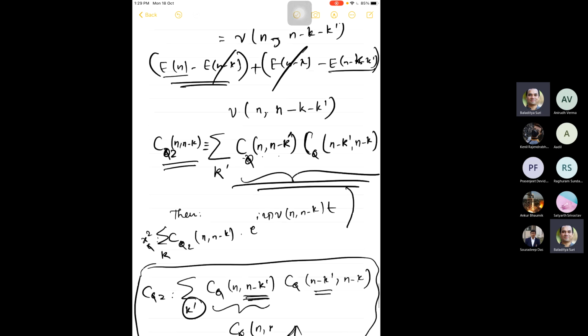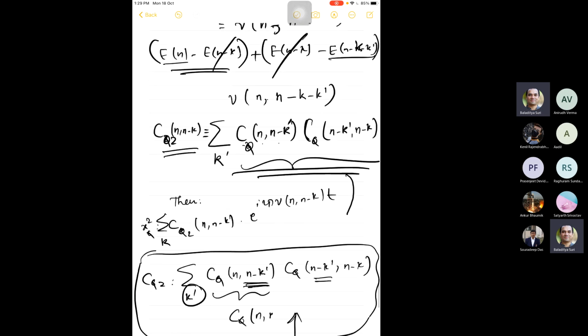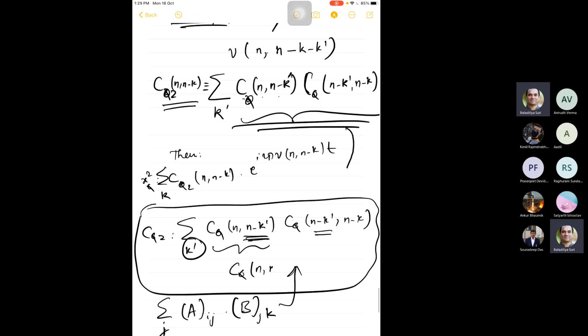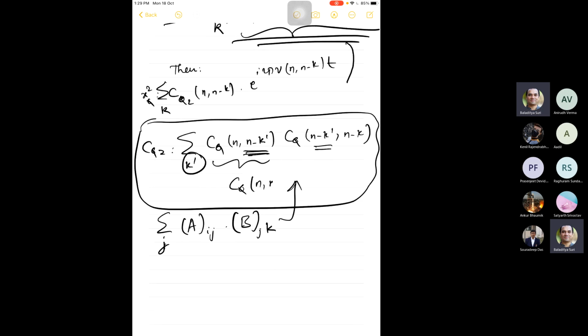Do the relabeling and use this principle that we just wrote down, and show that to get the correct form of the Fourier series like this, the coefficients CQ have to satisfy this combination rule. Okay? It's a simple mathematical jugglery, but this is how CQ of n minus K is a matrix.